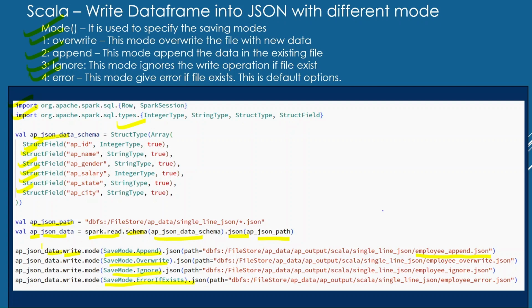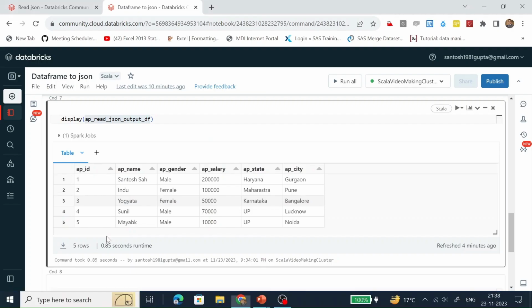So we are going to see each and every saving mode and how it works in Databricks. Reading the JSON document with a custom schema and creating the data frame, I have done in my previous video. So I am going to copy the code till here, and I will show you the write operation with different saving modes. So let's go to Databricks and see how it works.